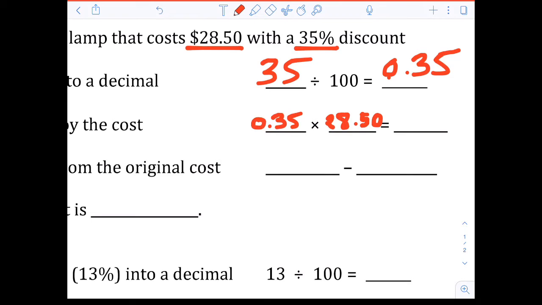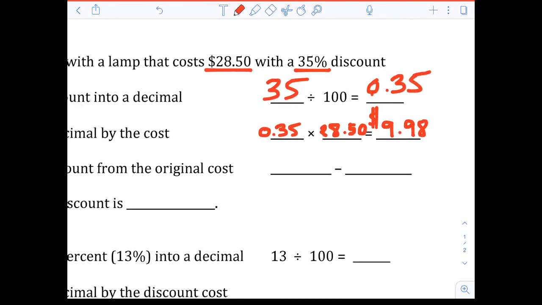So we put that into our calculator. 0.35, 35%, multiplied by $28.50, and we get $9.98. We rounded that one up from the number that shows in our calculator, because it's actually 9.975. But since it's 75, we round that number up. So that is our discount.